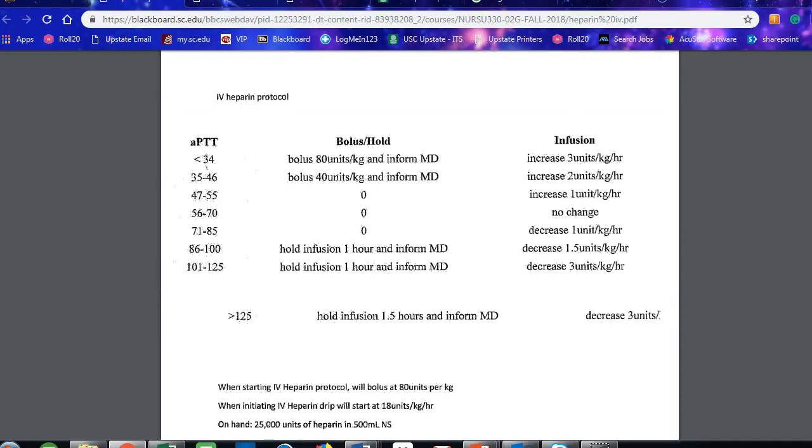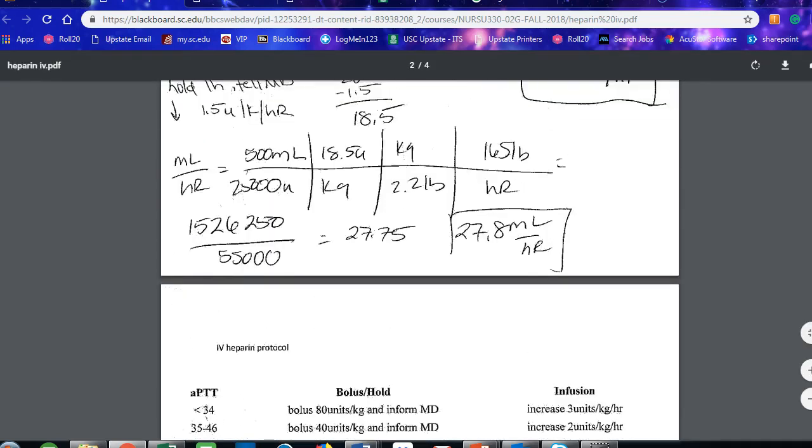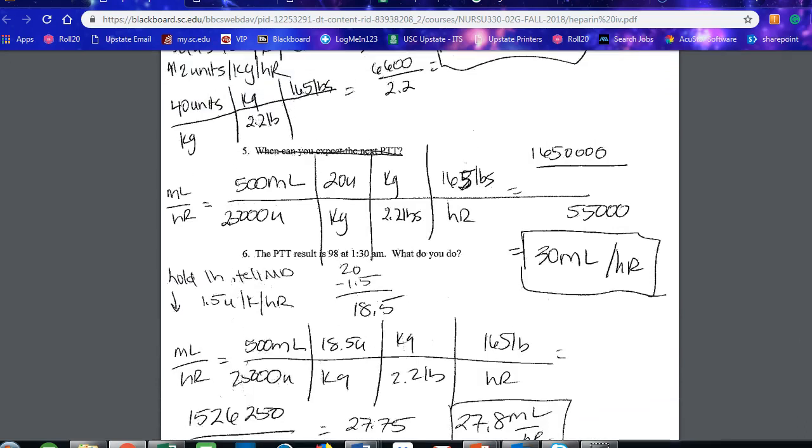For our protocol between 86 to 100, we're going to hold our infusion for an hour and tell the doctor, and then we're going to decrease it by 1.5 units. We're going at 20 units per kg, so we take 20 and subtract 1.5, so we have 18.5 units.